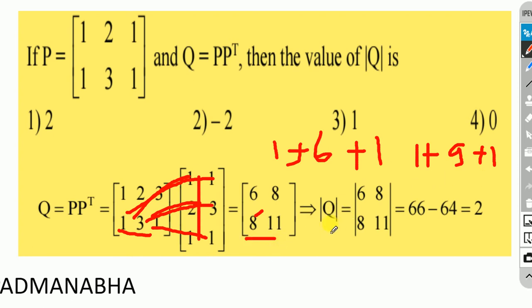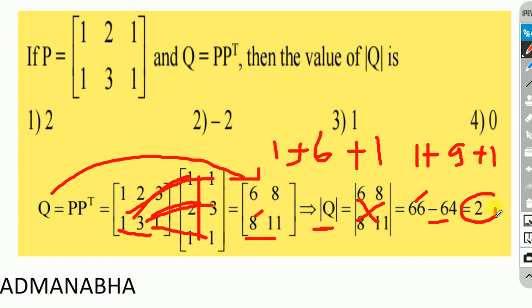Now this matrix 6 8 8 11 is Q here, and let us find the determinant value of this matrix, that is determinant of Q is determinant of 6 8 and 8 11, that is 6 into 11 is 66 and 8 into 8 is 64. So 66 minus 64 is equal to 2. So that is option 1 is the right answer here.